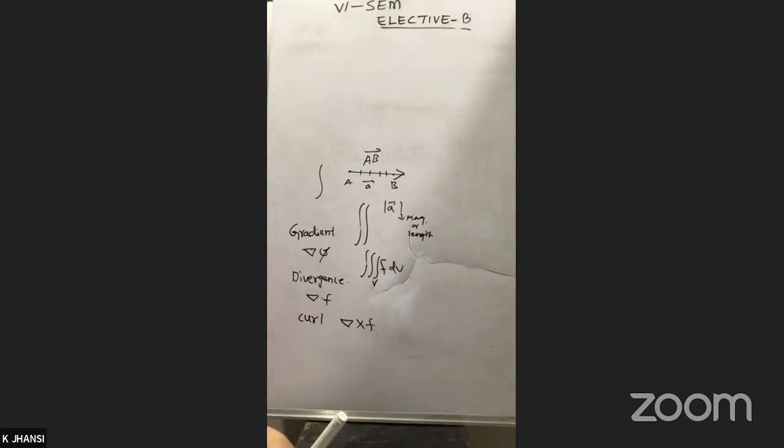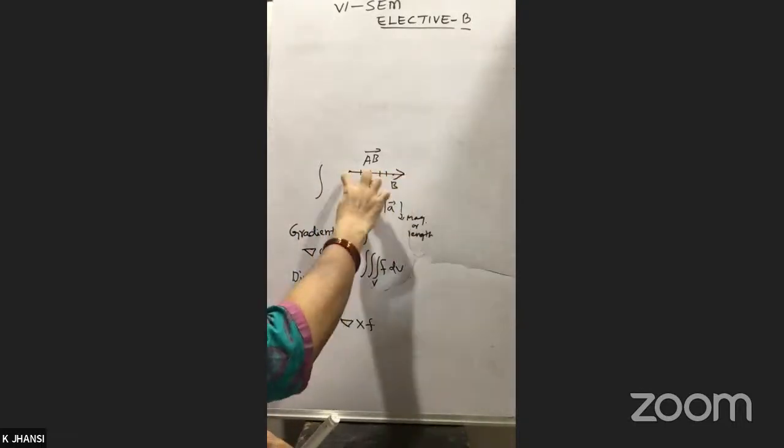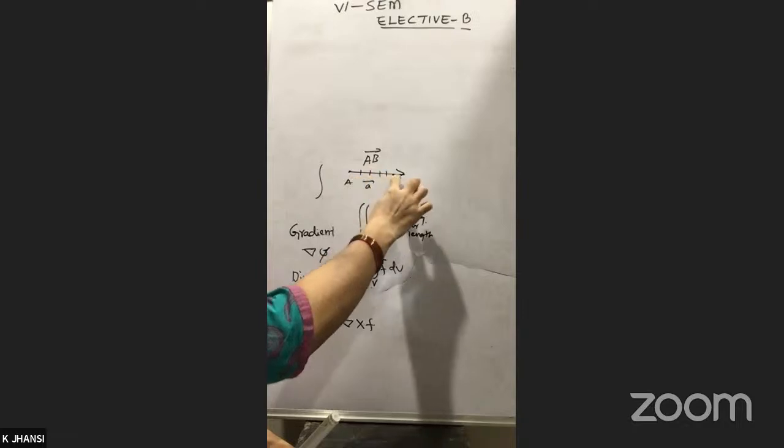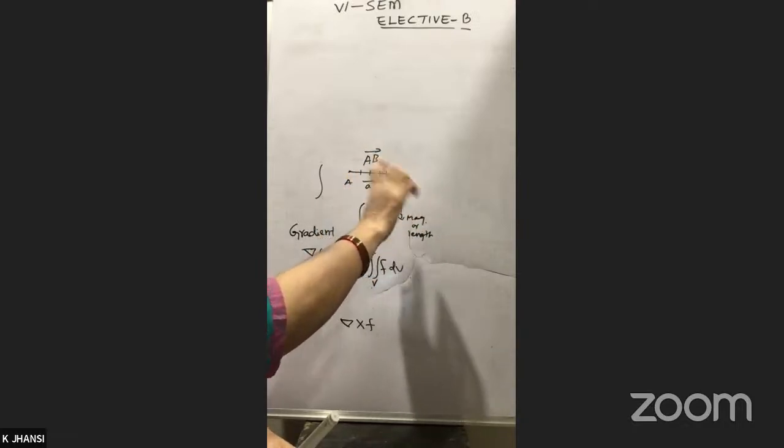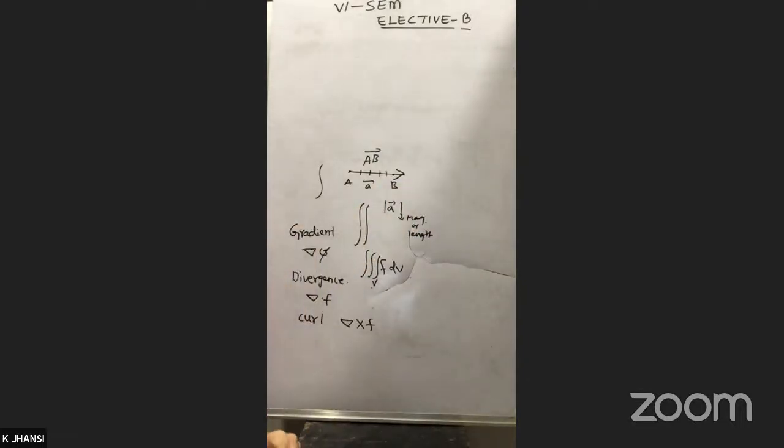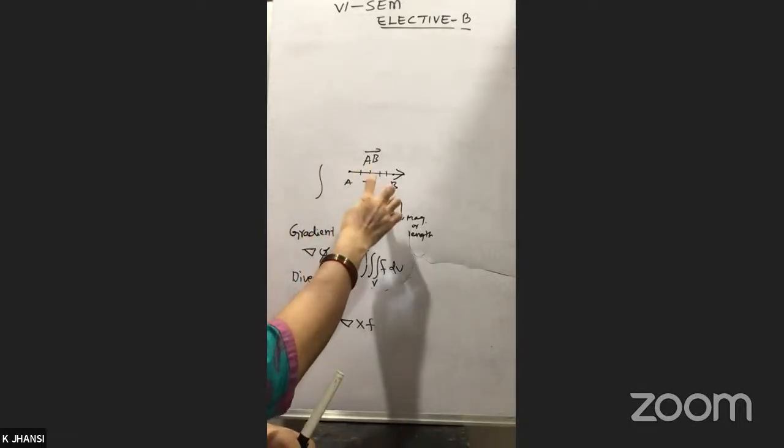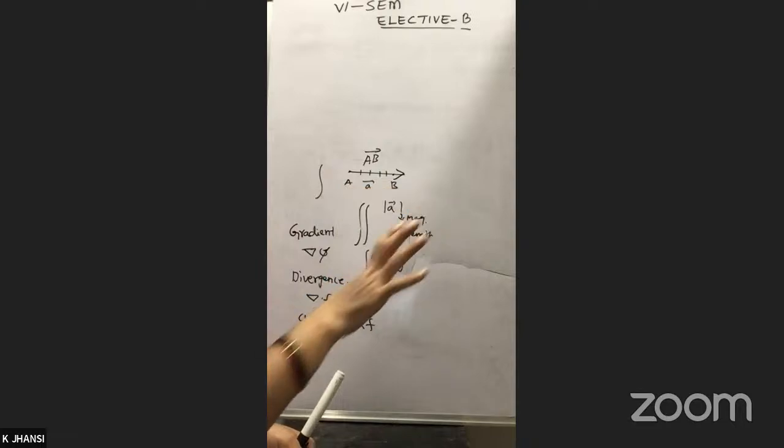So in mathematics, we define the vector as a directed line segment. This is the line segment. So AB is the line segment which has some direction. That's why, in mathematics, we define a vector as a directed line segment which has some length and some direction.